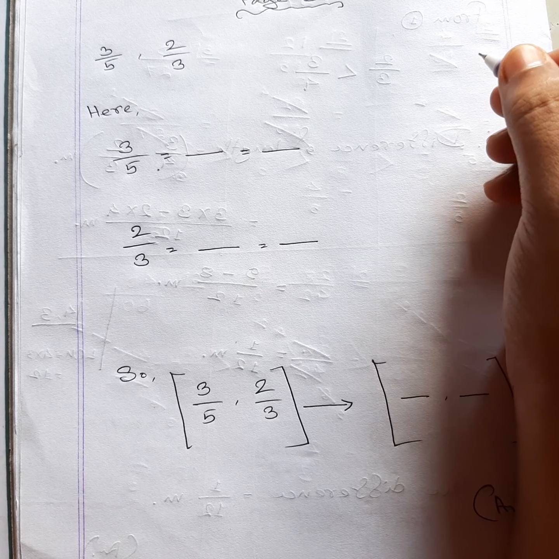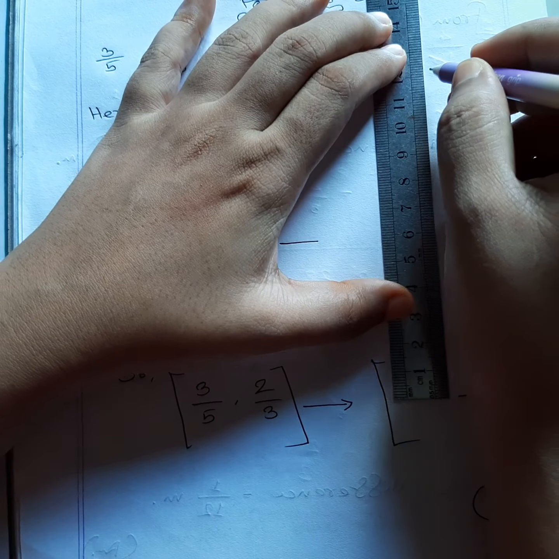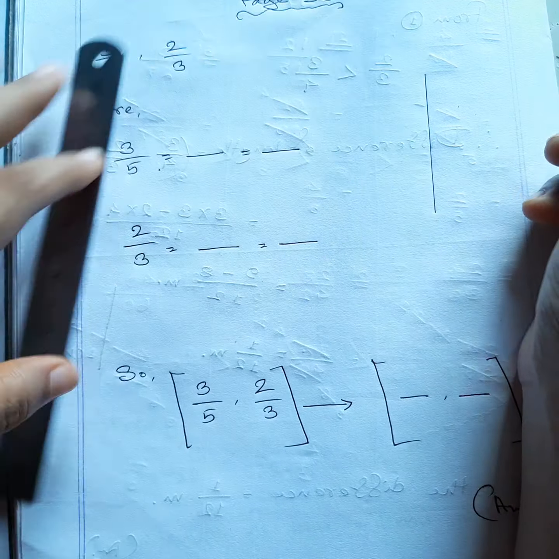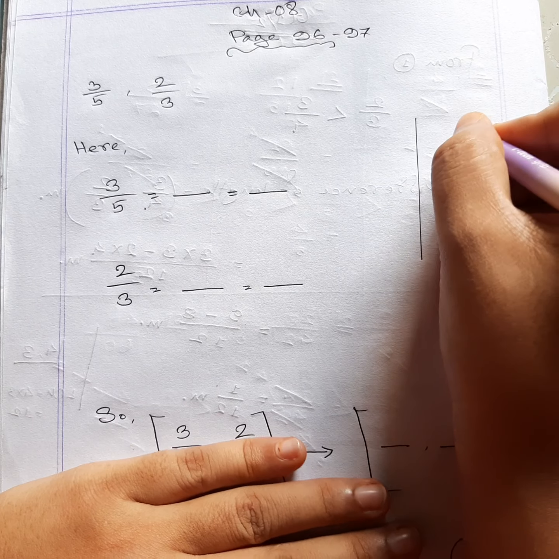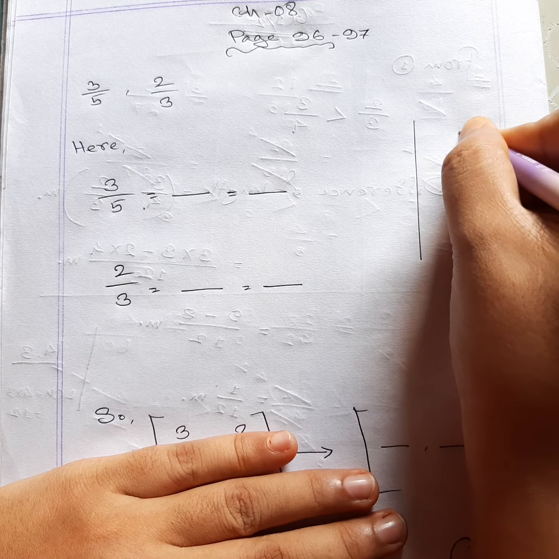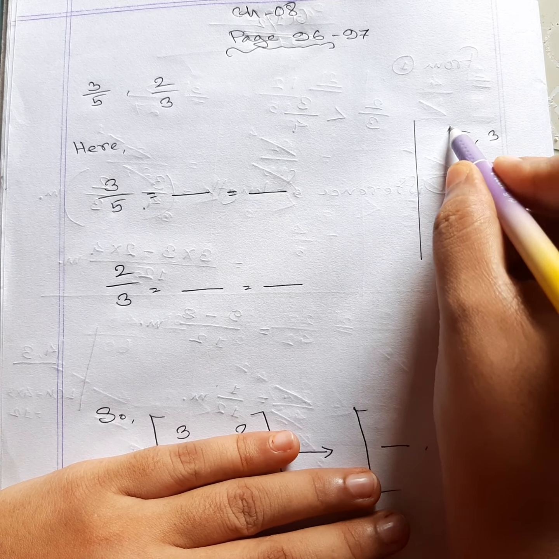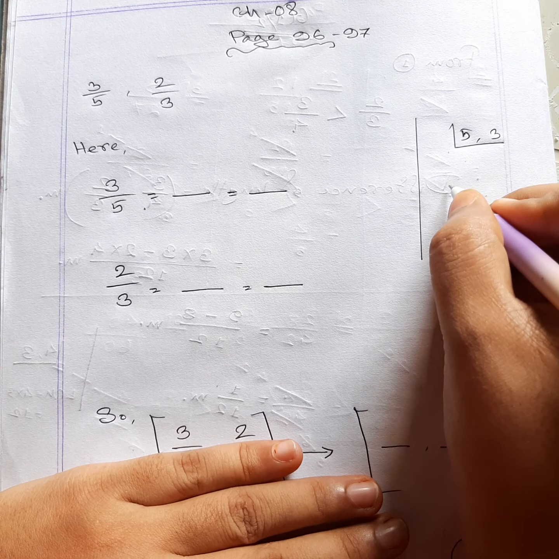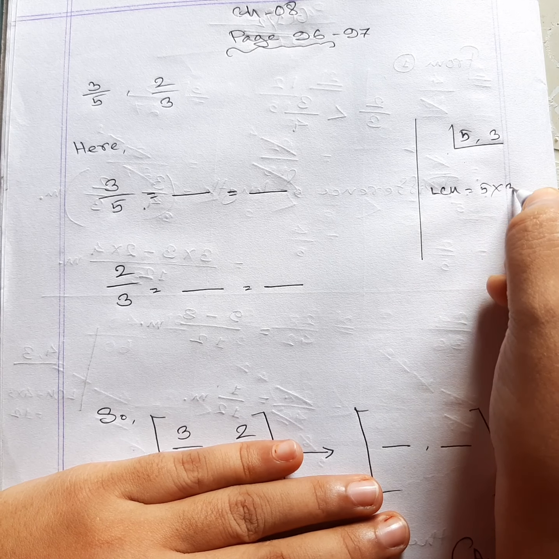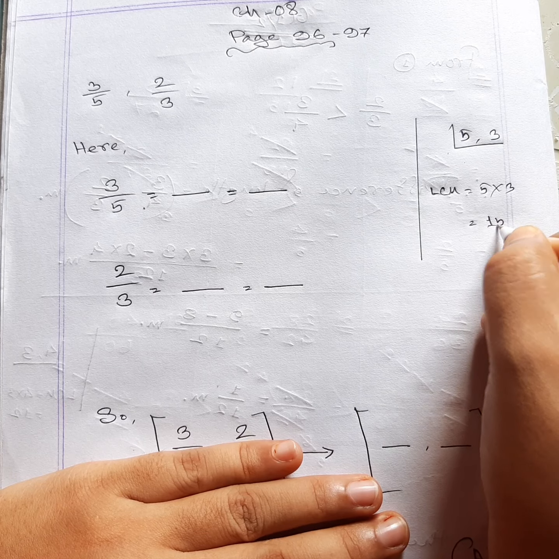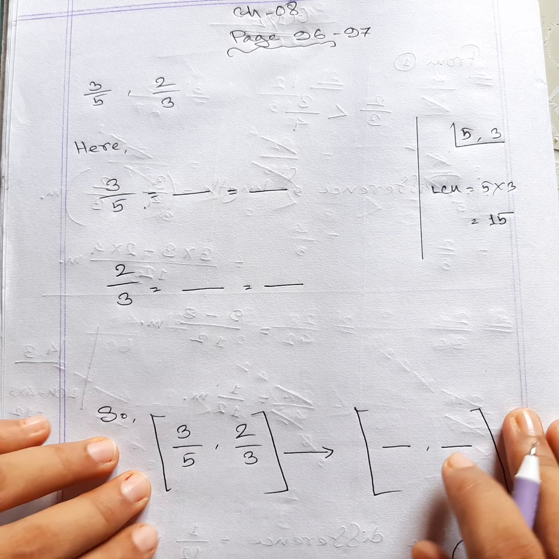And now we are going to do our LCM part, the rough part. Okay, we are going to the rough. Let's see, LCM of 5 and 3, and you can see we cannot divide with anything. So what we are going to do, we are going to just write down LCM is 5 into 3, which is 15.